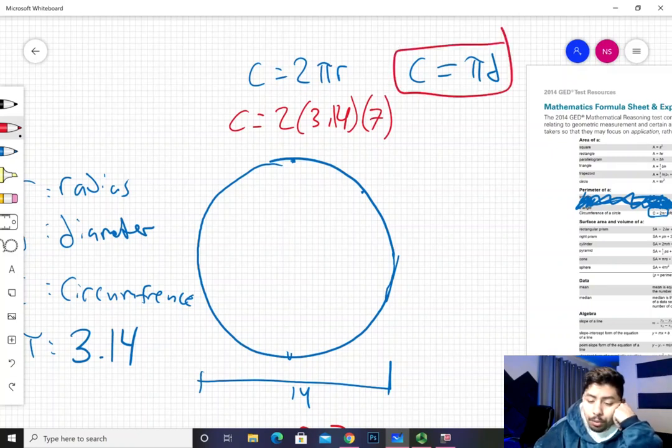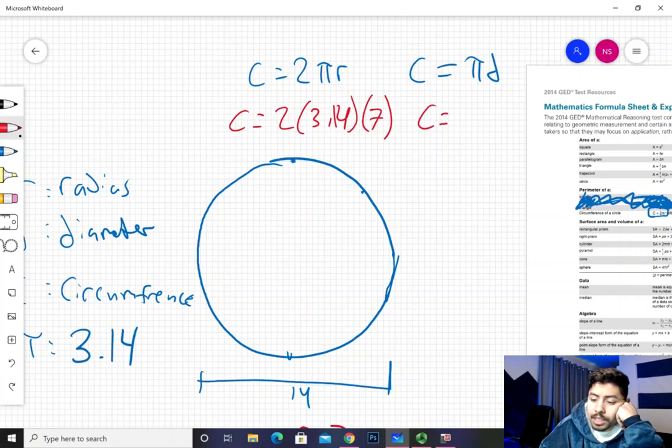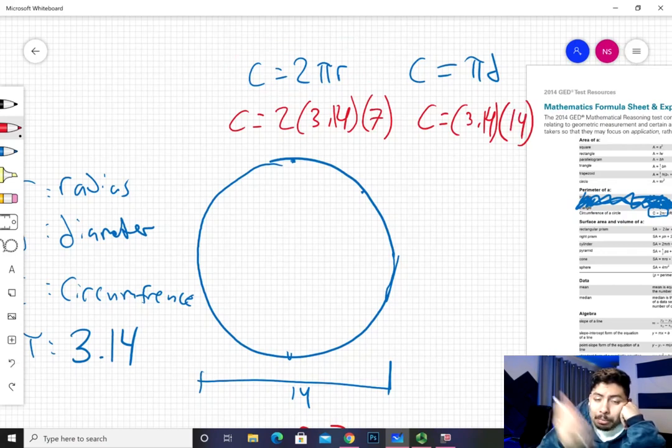Or you could use this formula, which is C equals 3.14 times the d, which is the 14, which is what they gave us. They're both the same thing, except if you use this one, you got to make sure you split your diameter. Or you could use the formula that already includes the diameter in it. They just give you two options, that's all.